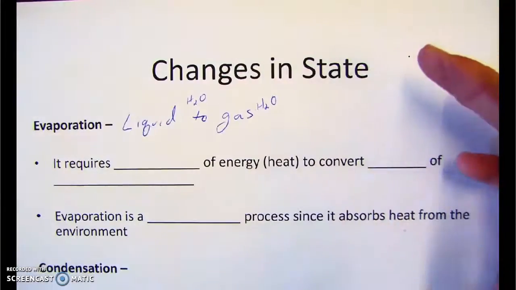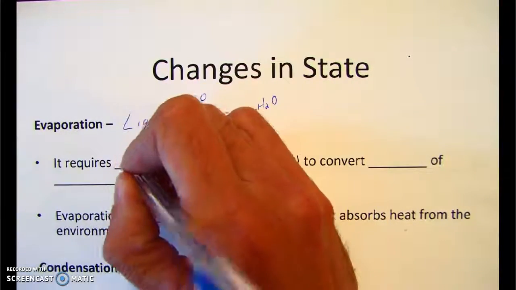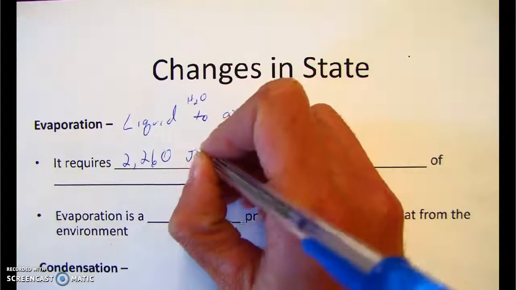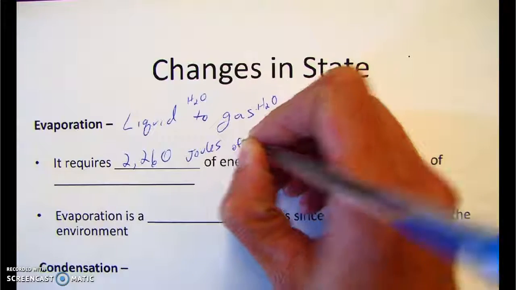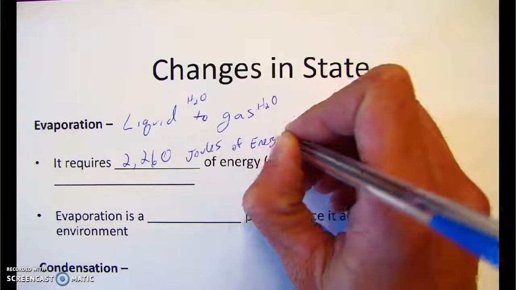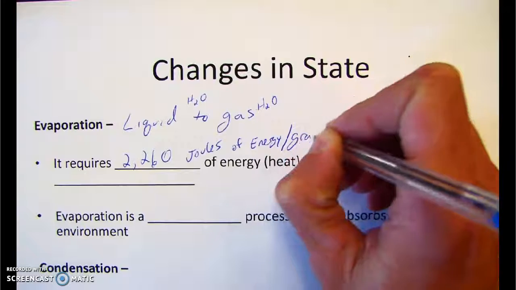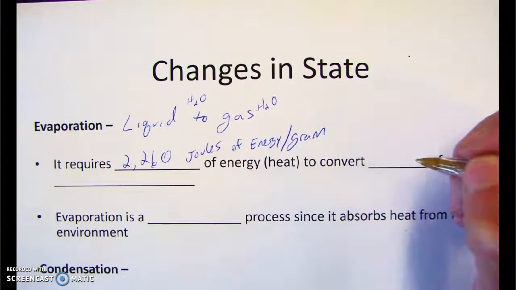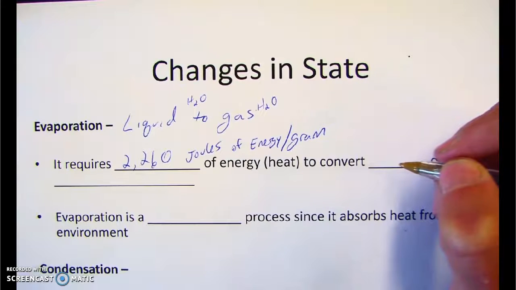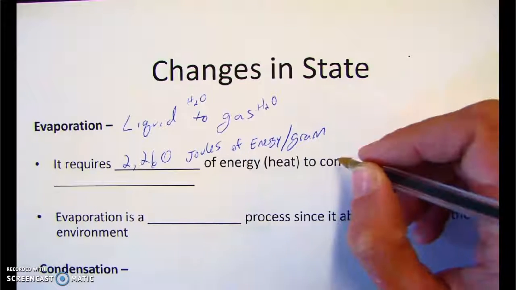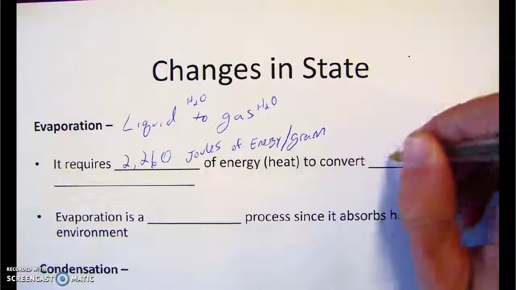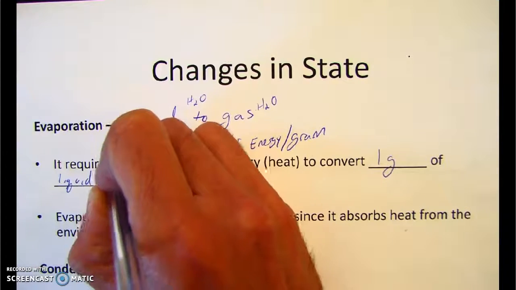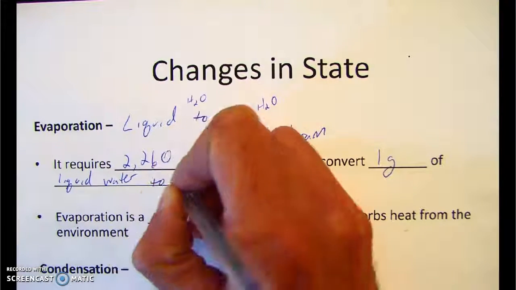So let's talk about that for a minute. So it requires 2,260 joules of energy per gram of material, or water in this case, to convert 1 gram of liquid water to gas.